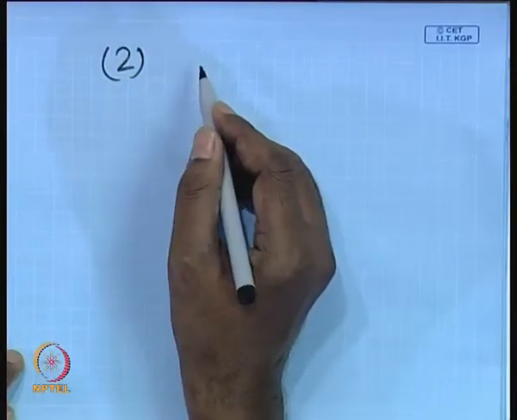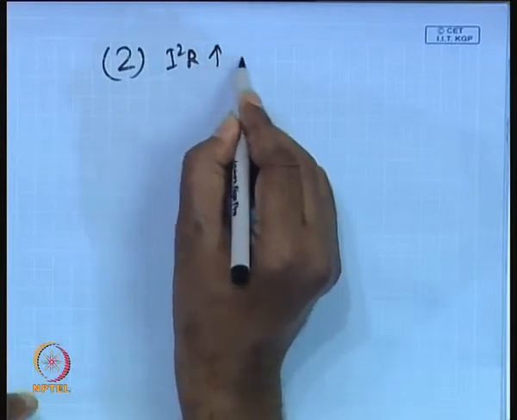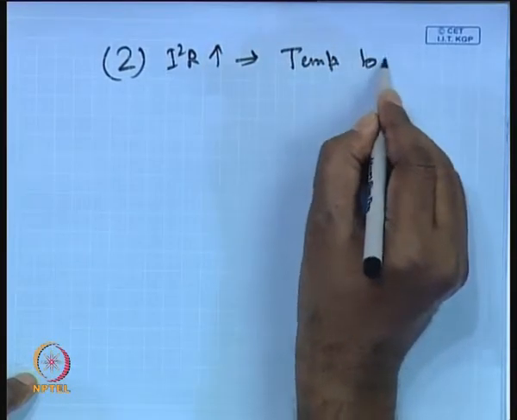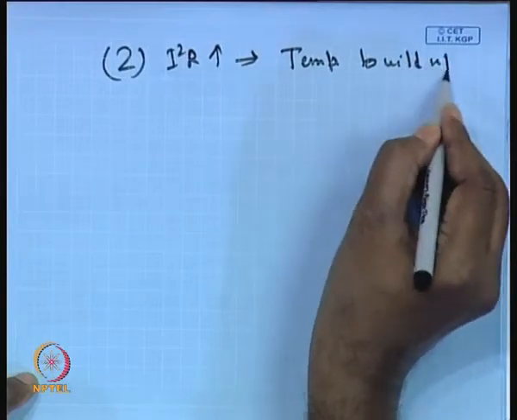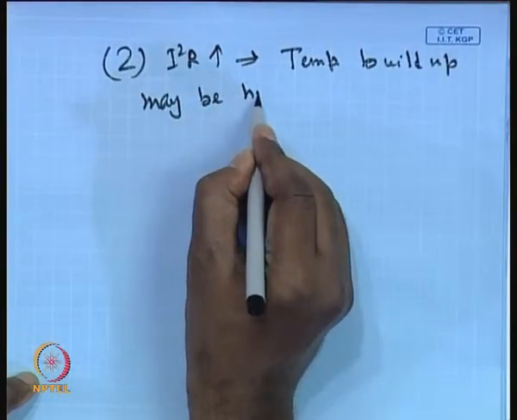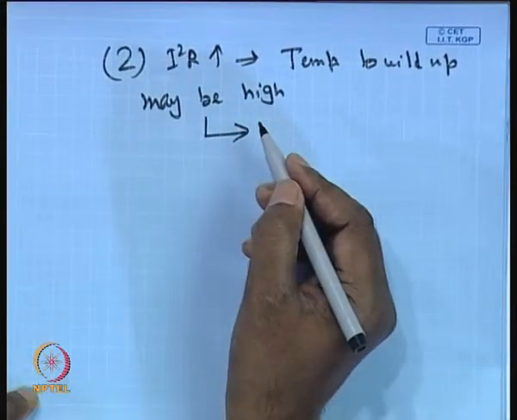Secondly, the second problem is that at high temperature, if I square R or the Joule heating is high, the temperature build-up may be high enough, and at that high temperature the protein may be denatured.